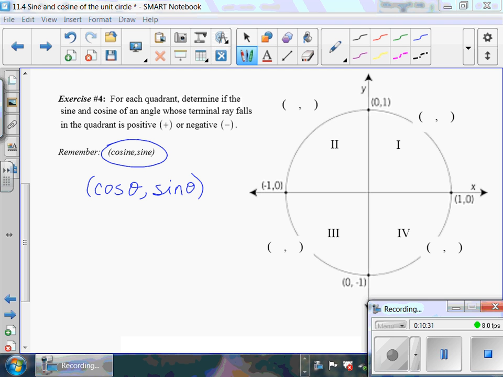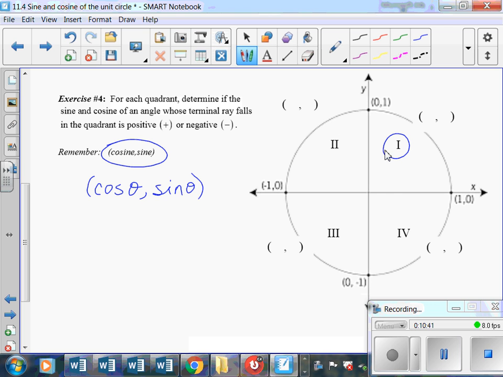So this is kind of what I was just talking about with the last exercise. If you look here in the first quadrant, if you have an angle that lies here in the first quadrant, you can see the x value is going to be positive and the y value is going to be positive. So the first quadrant gives me a positive and positive, which means that my cosine is positive, and my sine is positive.